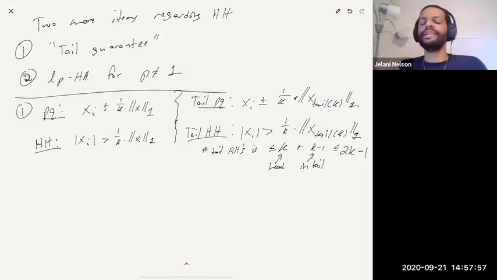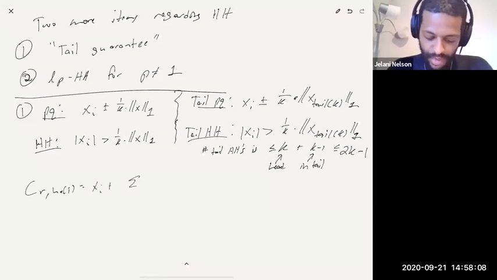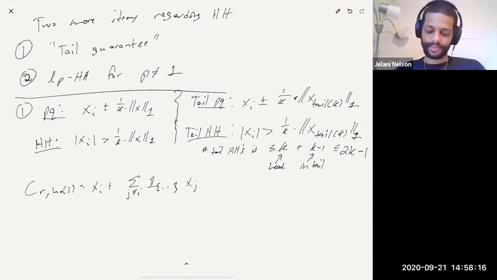So let's look at again the Count-Min sketch in the strict turnstile model. We said that C_r[h_r(i)] is equal to x_i plus the sum over j not equal to i of the indicator of collision times x_j.